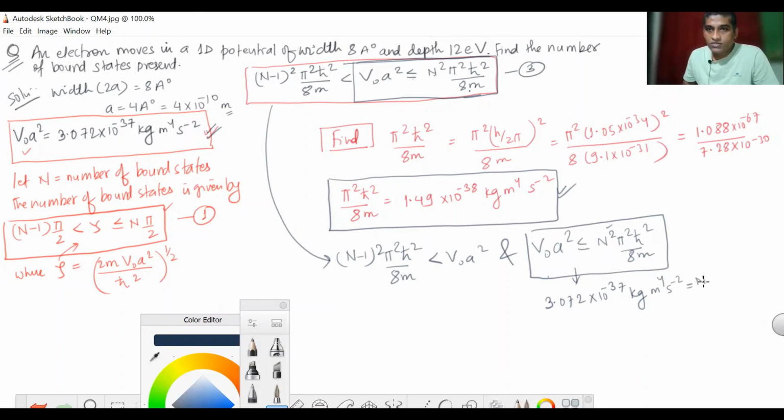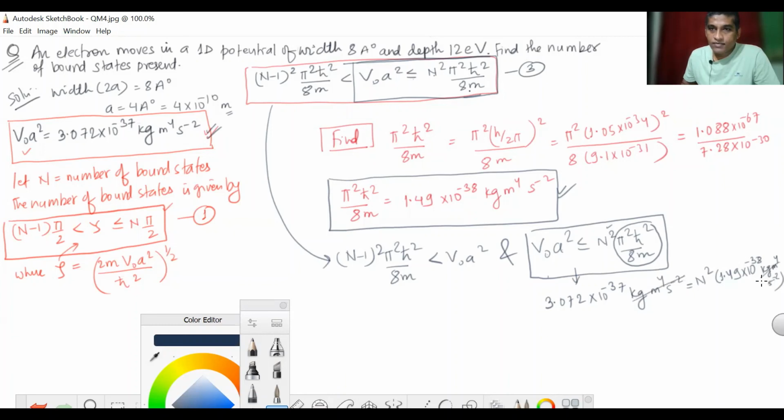And we have n square times 1.49 into 10 to the power minus 38, and the unit is kg meter power 4 second power minus 2, and the unit cancels out.